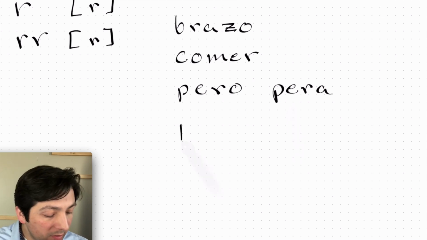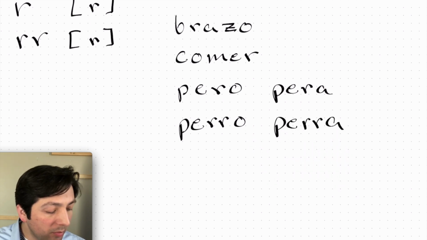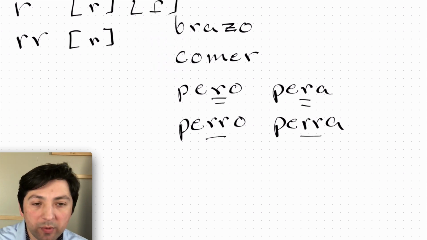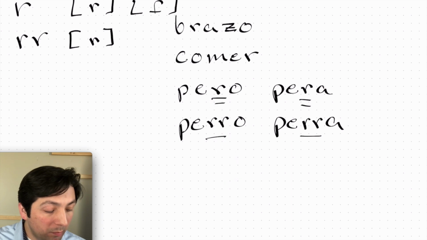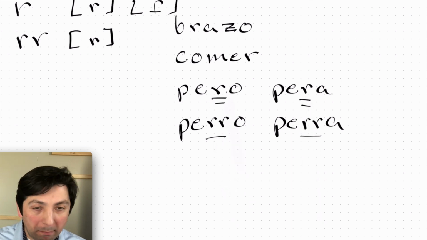But notice that if I were to spell it with a double R, the double R, this would be a trill. So this would be a trill, this would be a flap. So the flap phonetically, we are going to spell this way. So we would have pero, pera, perro, perra.